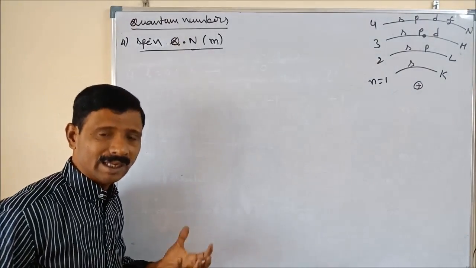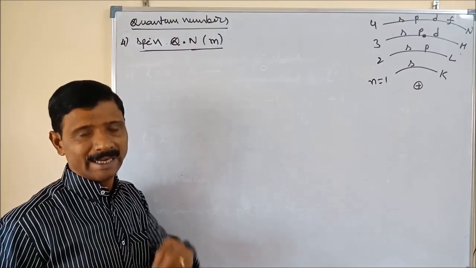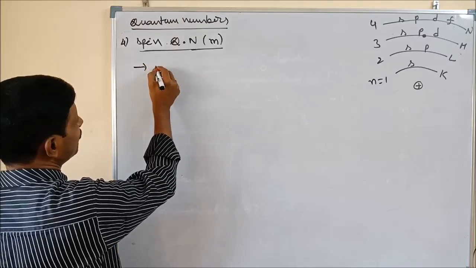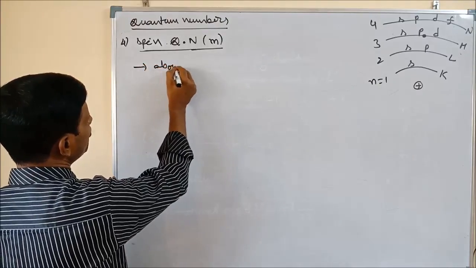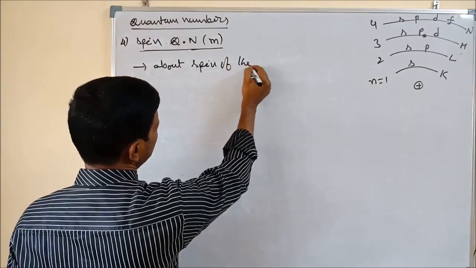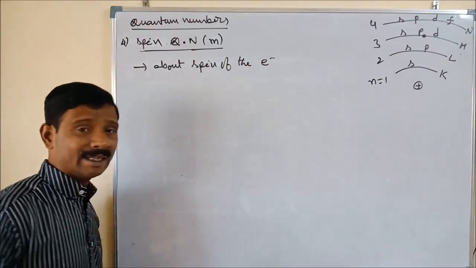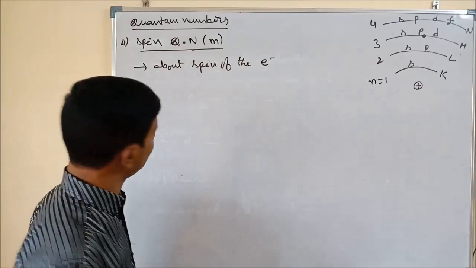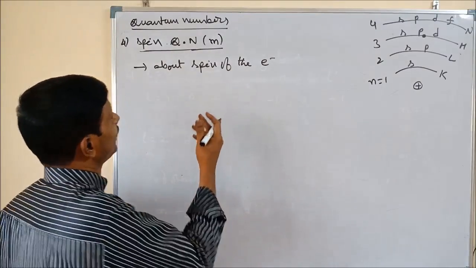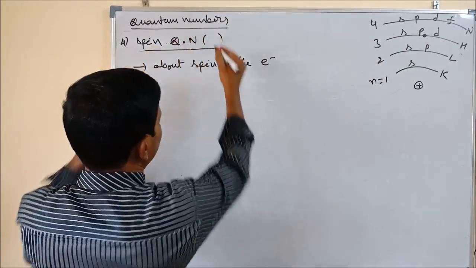Spin is of two types, clockwise and anti-clockwise. So this quantum number gives an idea about the spin of the electron, means in which direction the electron is spinning. It was introduced by Uhlenbeck and Goudsmit and represented by the letter S.